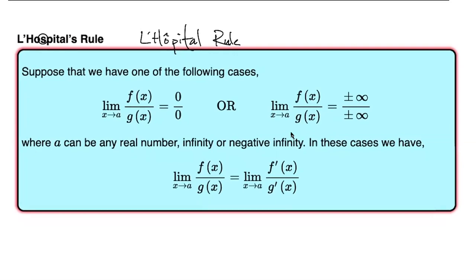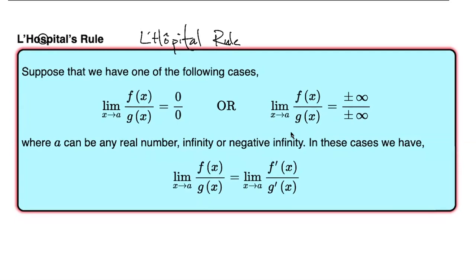So suppose that we have one of the following cases. The limit as x approaches a of one function over another function gives you 0 over 0, okay? Or you end up with a situation where you have infinity over infinity, okay? And it could be positive infinity or negative infinity, it doesn't matter.